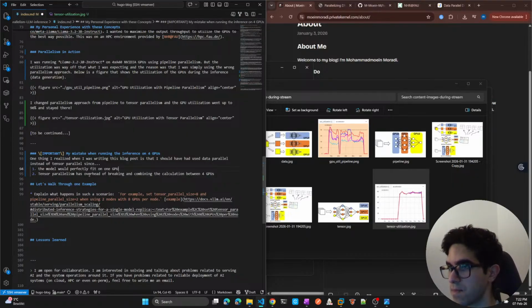Tensor parallelism has the overhead of breaking and combining the calculation between 4 GPUs. I'm not really sure about this, but let's check it.